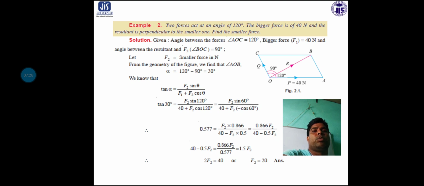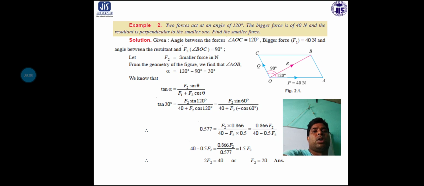Now if I put in the resultant force equation, the parallelogram law of forces equation is tan alpha is equal to F2 sin theta by (F1 plus F2 cos theta). Alpha is equal to 30 degrees. So tan 30 is equal to F2, which is unknown, times sin 120, divided by F1, that is 40, plus F2 unknown times cos 120.